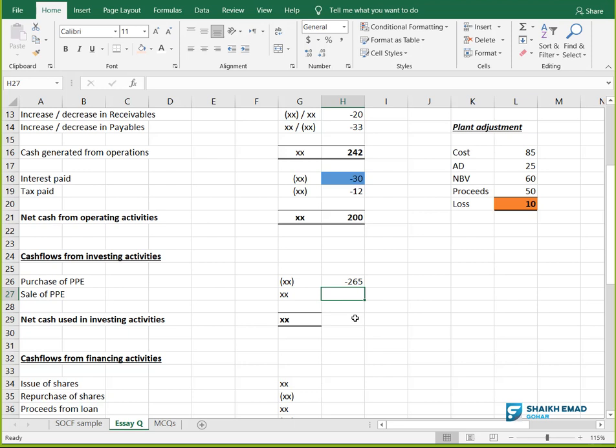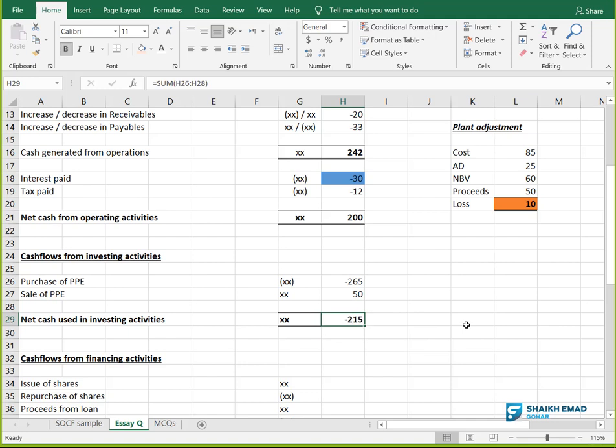By the way, the plant which we disposed, how much money we got out of it? Remember this one? 50. So that you can add here, because that is inflow. Okay, no other investment activities going on in this question, so we can total it.